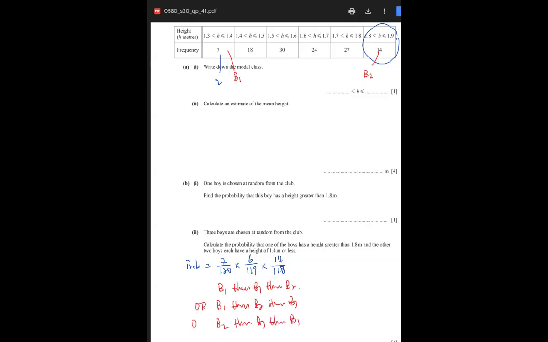Okay, I have 3 cases, and each of these cases has the same probability. So I can show you just times 3 here. You can also write it out one by one, but times 3 is a bit faster. Okay, if you evaluate this, this is 21 over 20,060.